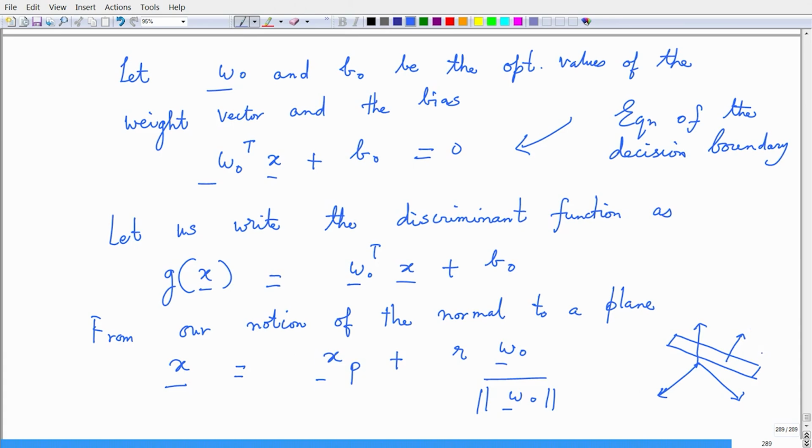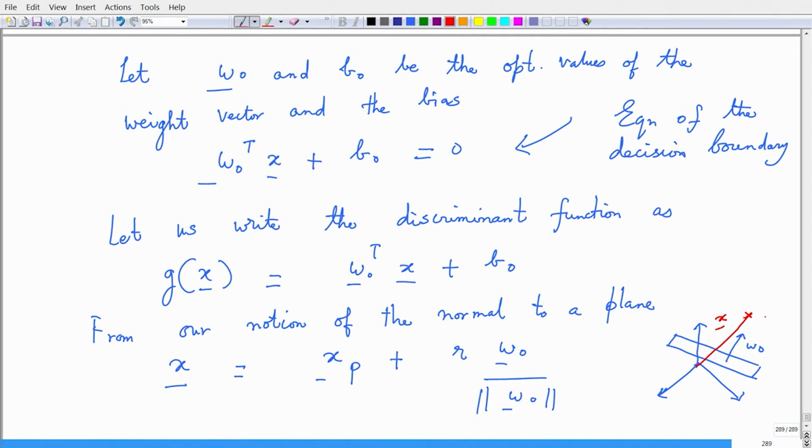So, this is this vector W naught, which is normal to this plane, and if I think of any point P with a position vector x, then you can express this in the component which is perpendicular to this plane and which is along this plane, and that's how I have written this down.